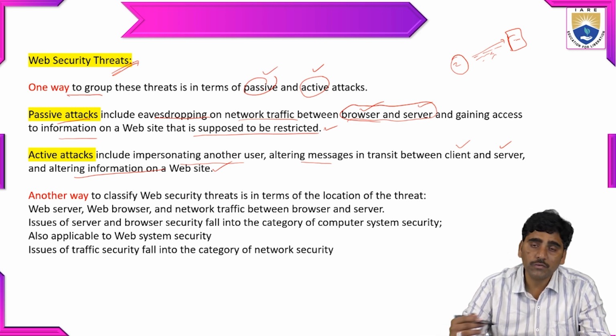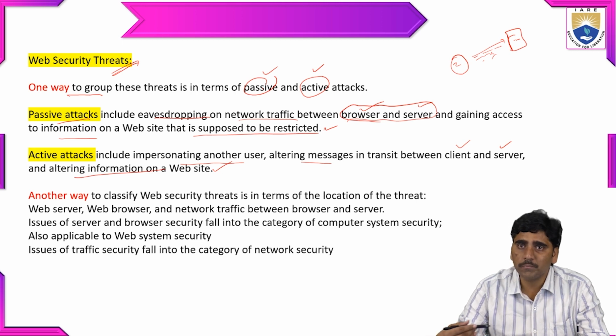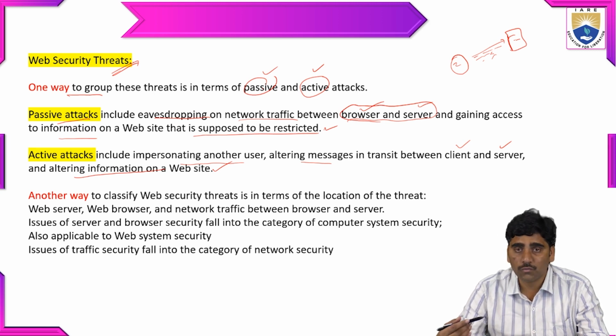So active attacks include impersonating another user. If they want to disturb the user by impersonation, they can take the user's data and use that other person's data to modify or change it.